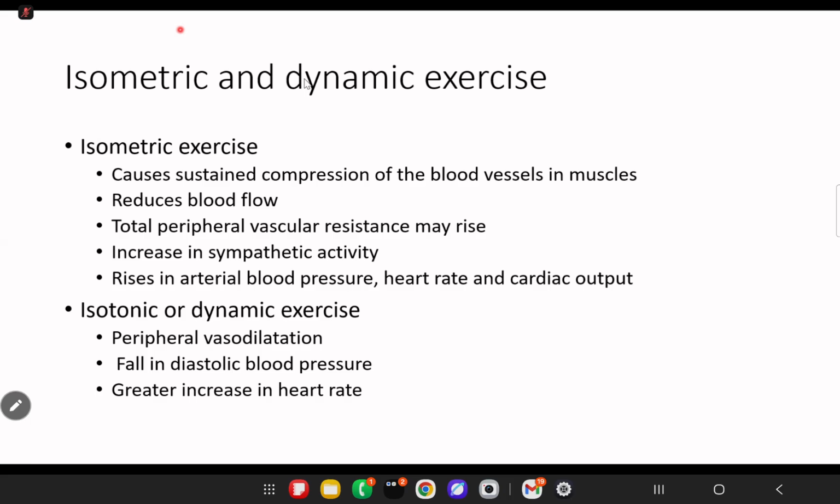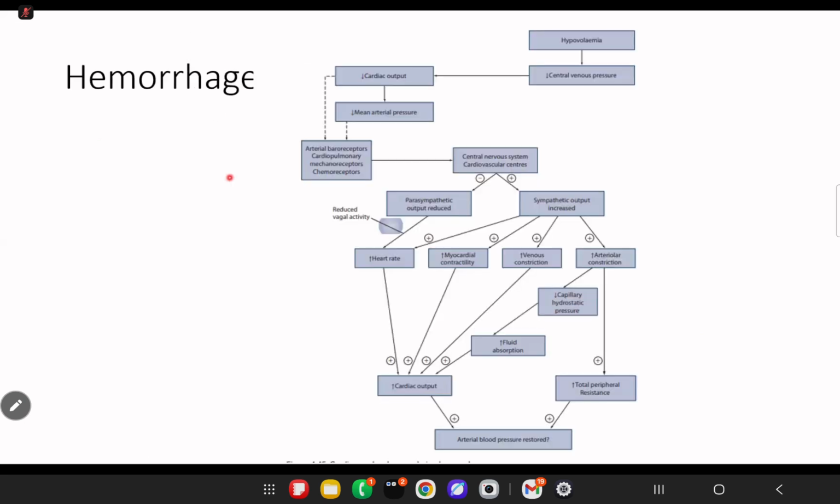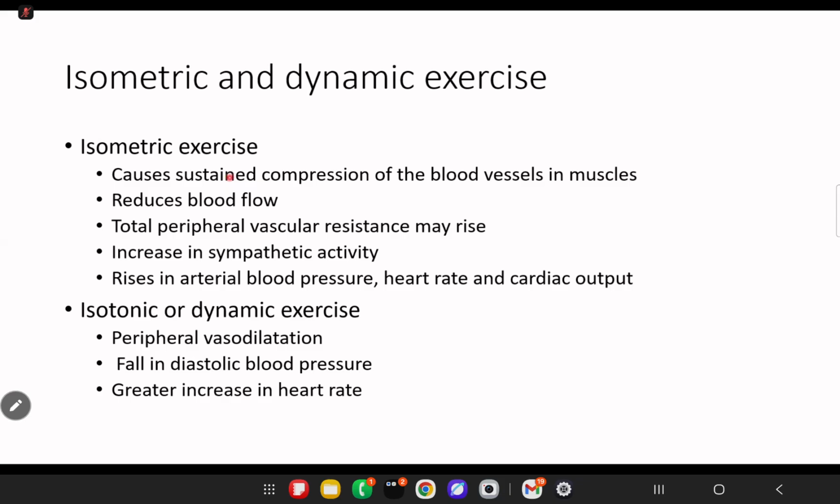Whereas in isotonic or dynamic exercise, there is a fall in diastolic blood pressure because there is peripheral vasodilatation, and there's a greater increase in the heart rate. Okay, that's about it for my exercise component.